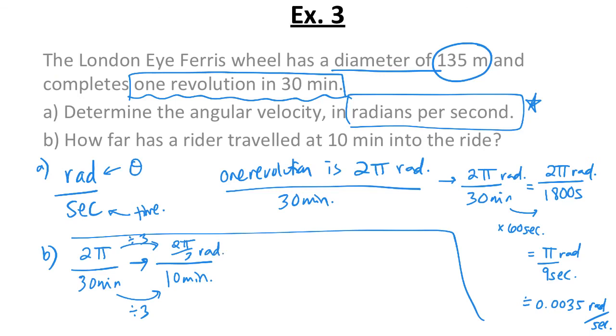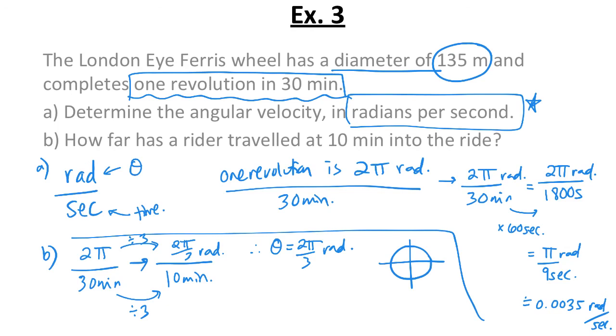So now we know what our angle is, okay? So therefore, in the span of 10 minutes, we're traveling 2 pi by 3 radians. Awesome, so we can use that. Now, the next thing is asking us how far the rider has traveled 10 minutes into the ride. So again, if we can just draw a Ferris wheel and picture it for a second.